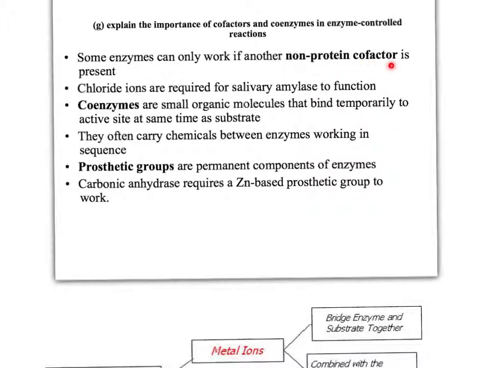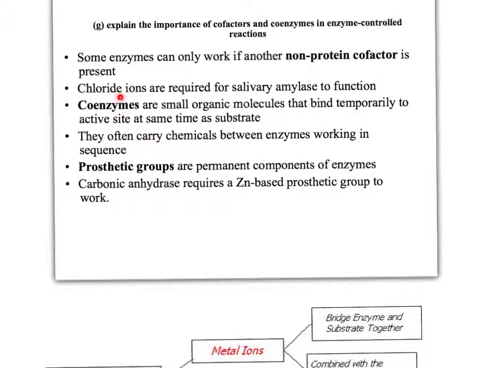Sometimes these are cofactors, which are inorganic molecules. Chloride ions, for example, are required to bind to salivary amylase for it to work to break down starch, and there are other small cofactors which are inorganic ions.